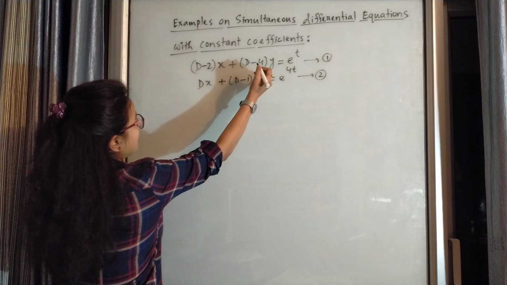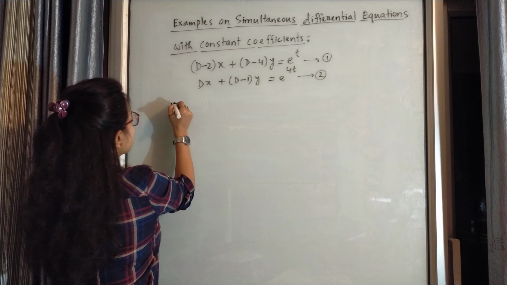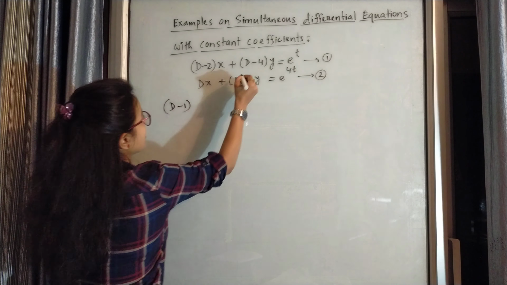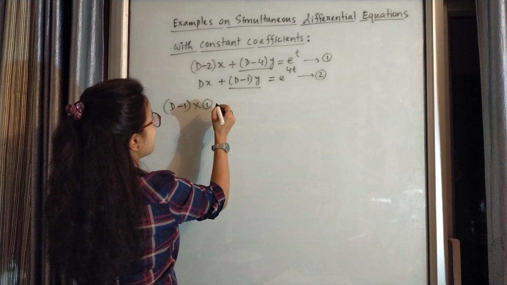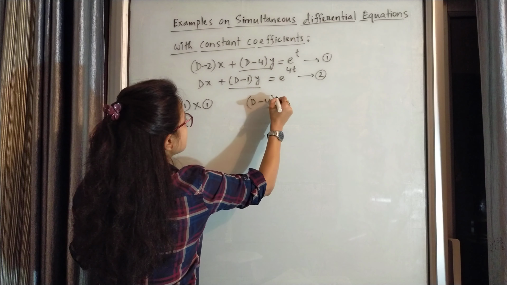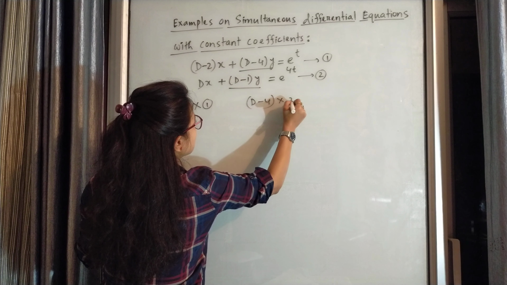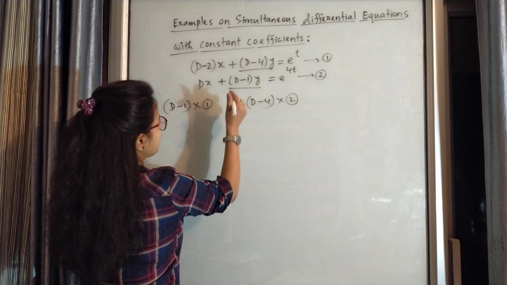So let's eliminate the y variable. For this, multiply equation 1 by D - 1 and equation 2 by D - 4 and subtract these equations. Easily y will be eliminated.